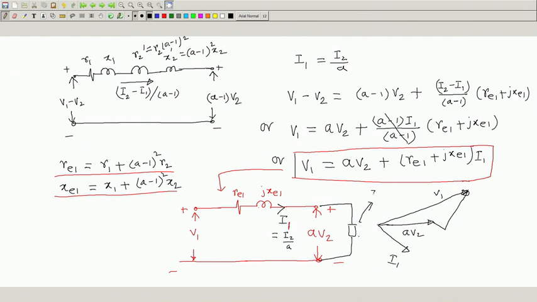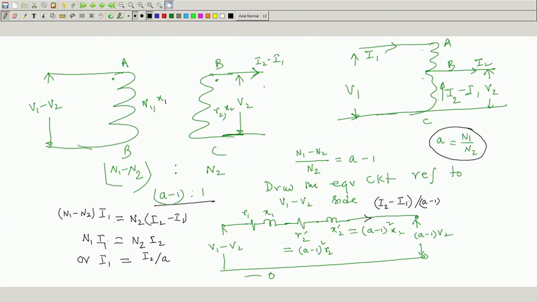Impedance here, load impedance, at least from this circuit, it tells me it is A V2 divided by I2 by A, which is equal to A square V2 by I2. And what is V2 by I2? V2 by I2 here is Z2, is it not?